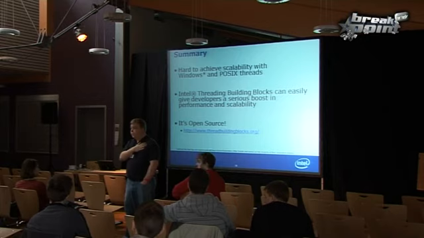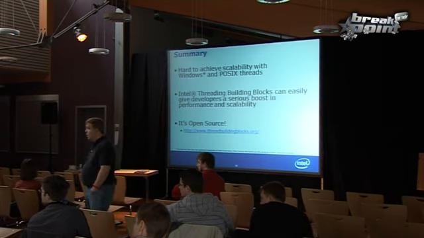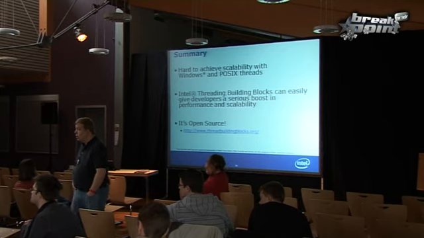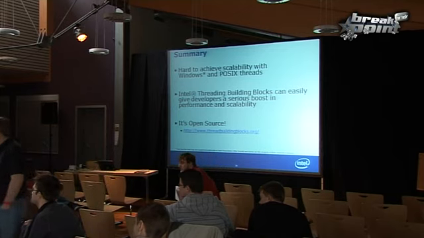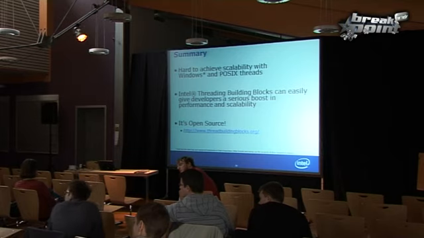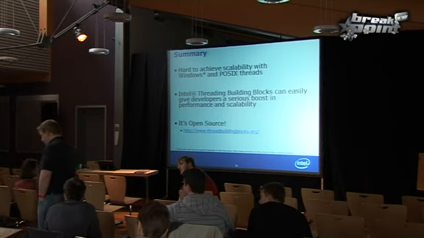Any other questions? Earlier in your presentation, you were talking about the scalable allocator, which has a memory pool per thread. Is it safe to allocate memory from one thread and free it from another thread? I don't know.